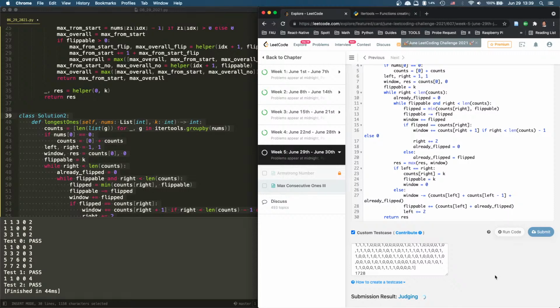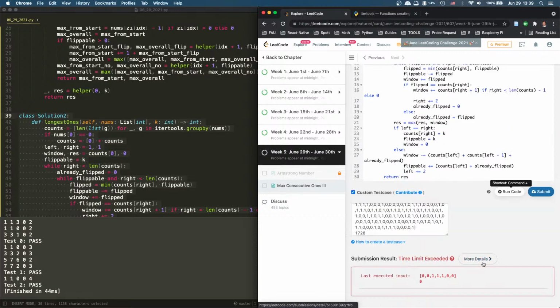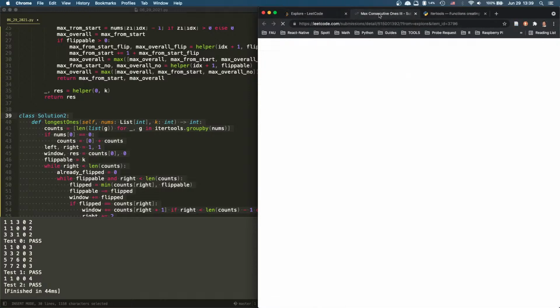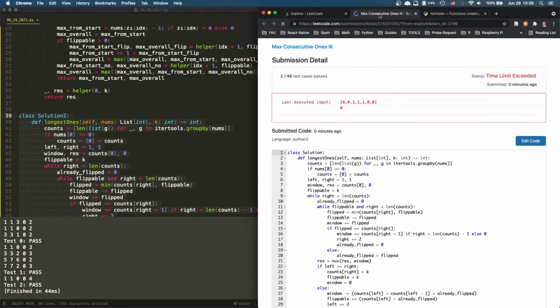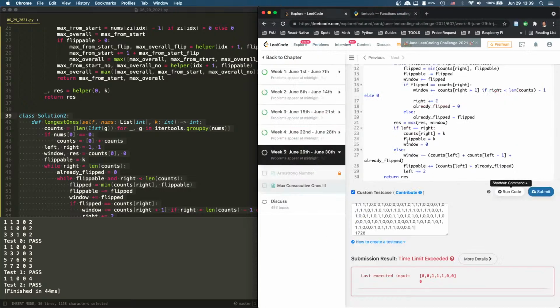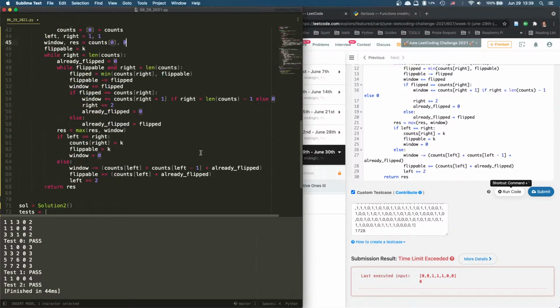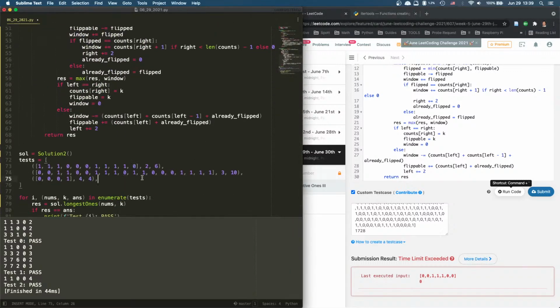Take that long for wrong answer? Time limit exceeded. What? Forever loop. I think I hit a forever loop. Edge case, forever loop. Why would it be a forever loop?